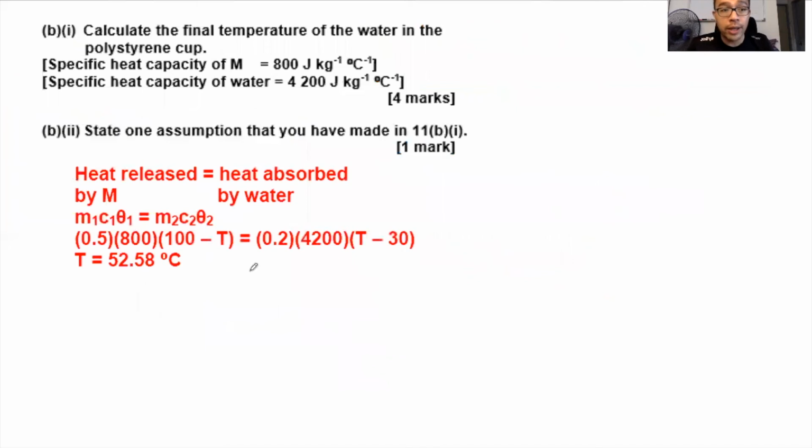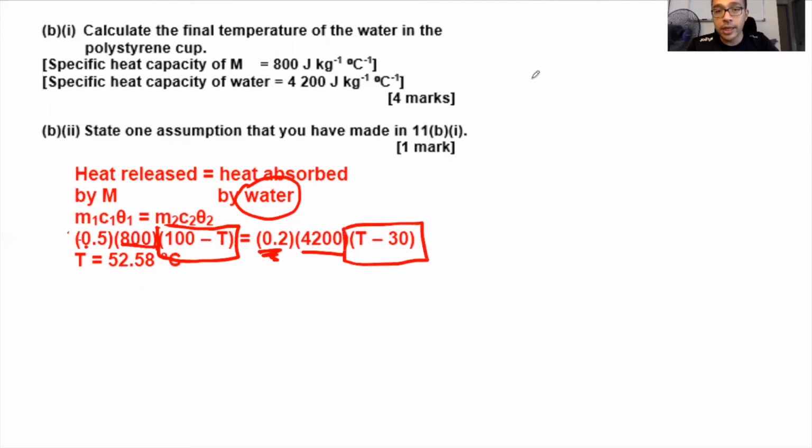So this is how we would write this. This is by M and this is by the water. 0.5 because it's 500 grams. This is 0.2 because it's 200 grams. The specific heat capacity of M is 800 joules, and the specific heat capacity of water is 4,200. Now, this is the one that probably will confuse a lot of you. Why is it that one is 100 minus T and the other one is T minus 30?